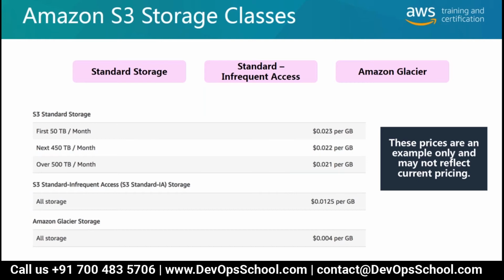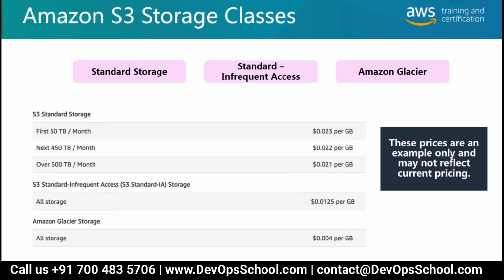And for the next 450 terabytes, you are charged slightly less, so it is 0.022 per gigabyte. And if you are using over 500 TB per month, then your charges are 0.021 per gigabyte. So this is what it means when we say pay less as you use more. As your usage is increasing, your slabs are reducing.